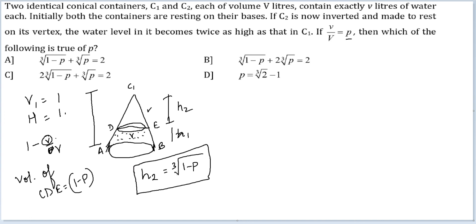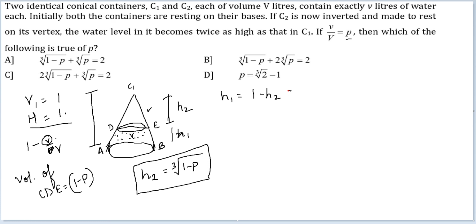Now if H2 is cube root of 1 minus P, can I say H1 will be equal to 1 minus H2? This entire height we have taken capital H as 1.